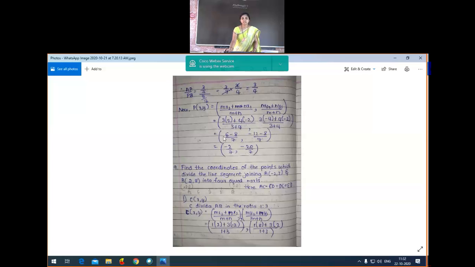After simplification, 3 twos are 6, plus 4 into minus 2 is minus 8, divided by 7. Then 3 into minus 4 is minus 12, plus 4 into minus 2 is minus 8, divided by 7. You will get minus 2/7 and minus 20/7. These are the coordinates of point P, which lies between A and B on the line segment.